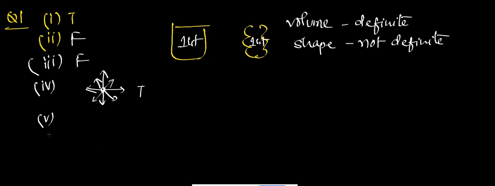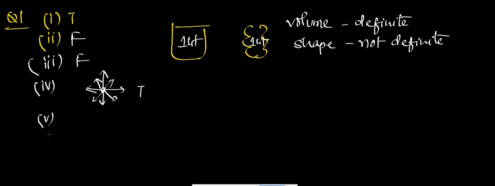Upward direction or not? Yes. So this is true. In the question they have mentioned only two directions, but they did not say only in downward, only in upward. Only means wrong.